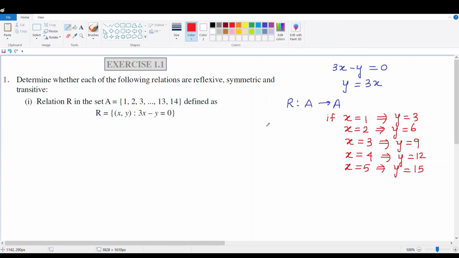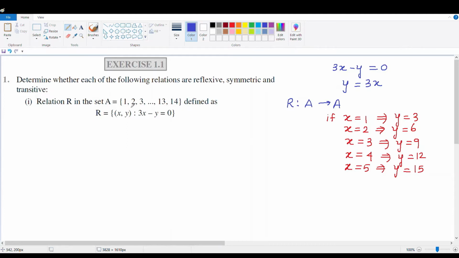Let's stop here and think for a while. So you are given set A where your numbers are starting from 1 and ending at 14. All your x belong to this set A and all your y's also must be from this set A. Now if you look at this, x equals 5, is it in set A? Oh yeah, it is. But y equals 15, y must belong to set A as well.